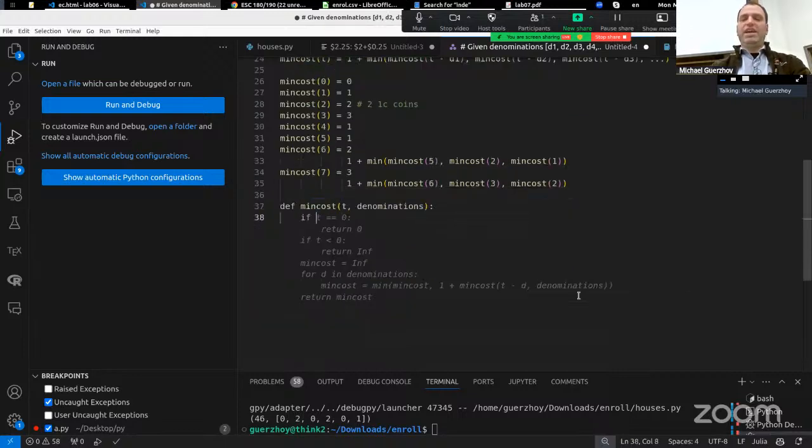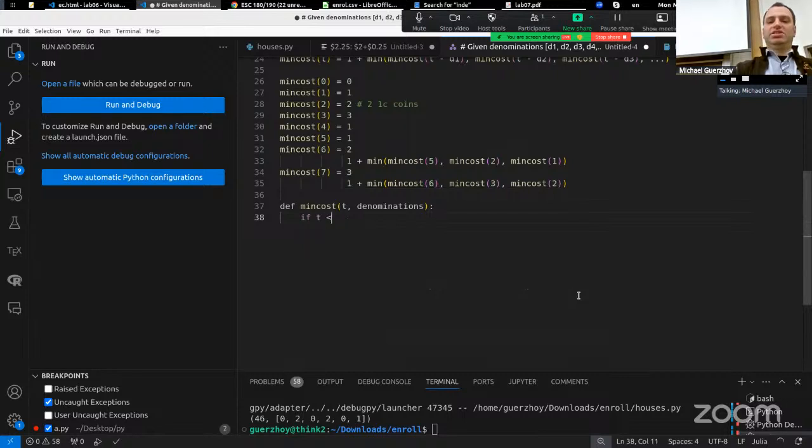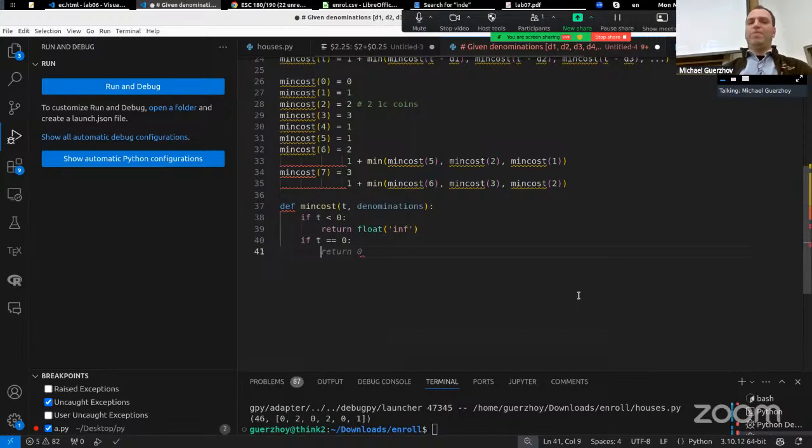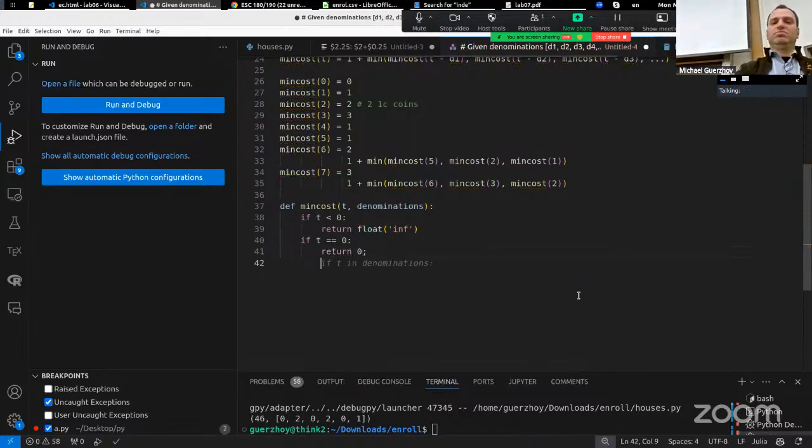I'm going to say if t is smaller than 0, I'll just return infinity. So this is one way to return infinity. And if t is equal to 0, then I need 0 coins to make up the amount 0. And then if t is in any one of the denominations, the answer is 1.